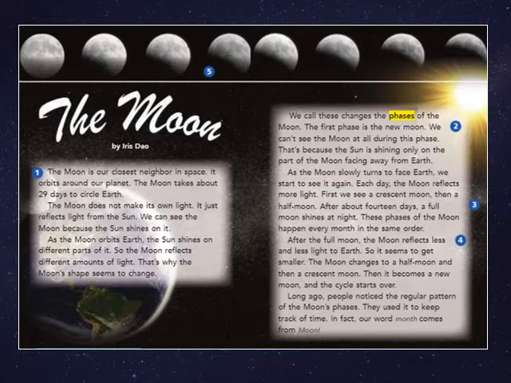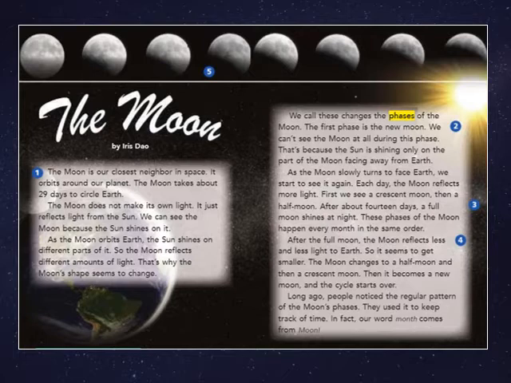The first phase is the new moon. We can't see the moon at all during this phase. That's because the sun is shining only on the part of the moon facing away from the Earth. As the moon slowly turns to face Earth, we start to see it again.